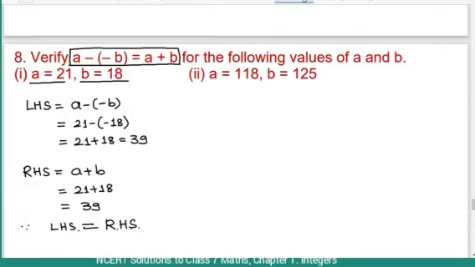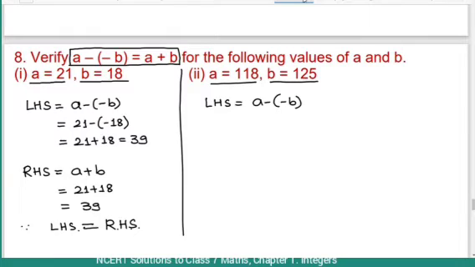Likewise, we will solve the second. Here a value is given as 118 and b value is given as 125. First I will take LHS, that is a minus of minus b is equal to 118 minus in bracket minus 125, which is equal to 118 plus 125.